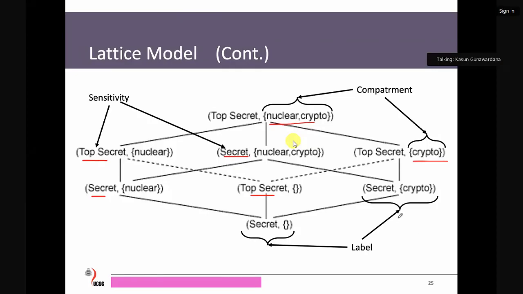When we consider the entire unit, we call it a label. So these are labels.